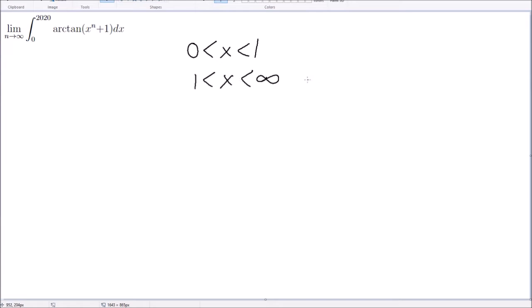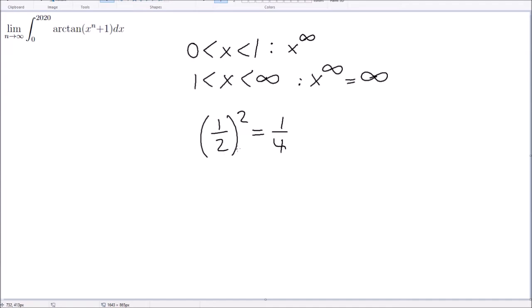We mostly assume that when we have x to the power of infinity, then it's obvious that this is going to equal infinity, right? But you have to be very careful because when x is between 0 and 1, this is not true. If I can just simply show you, if we square one half, this becomes 1/4. 1/4 is definitely smaller than a half.